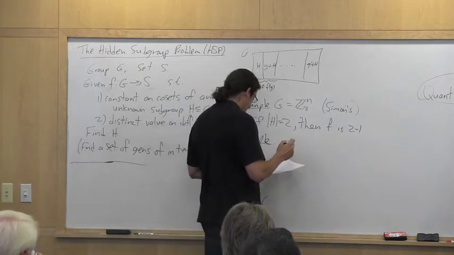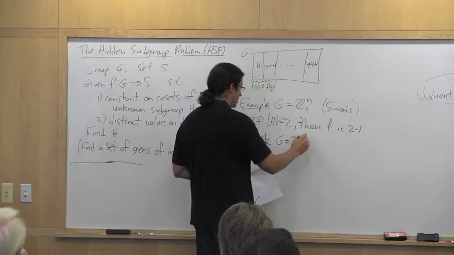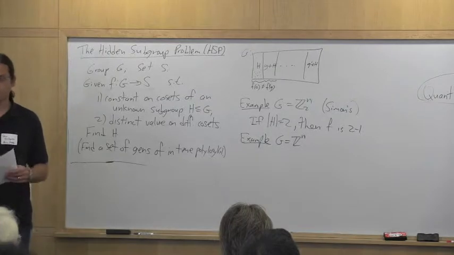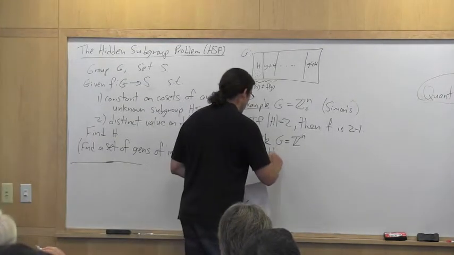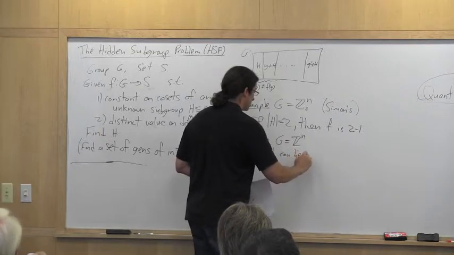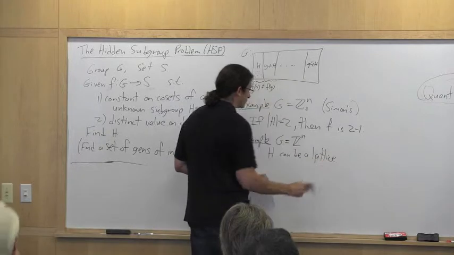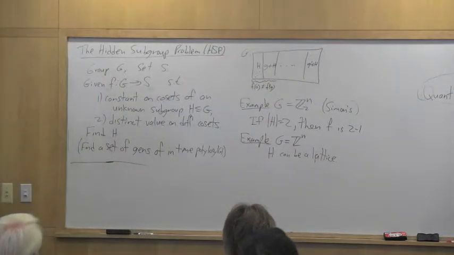So the next example, let me just say where you can see lattices already. Let's take the group to be Z to the n, okay? And then the subgroup H can be a lattice. So here's one place where lattices come up, and you can see the problem is different than the problems we've been talking about, which are like, given a basis of a lattice, compute a short vector.